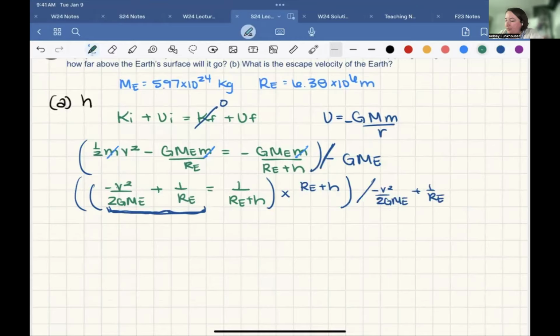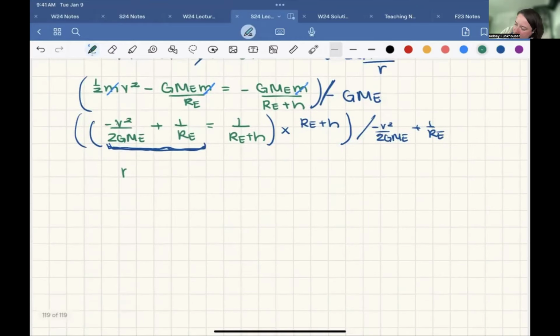So what we end up with is the radius of the Earth plus H equals 1 divided by negative v squared over 2G mass of the Earth plus 1 over the radius of the Earth.